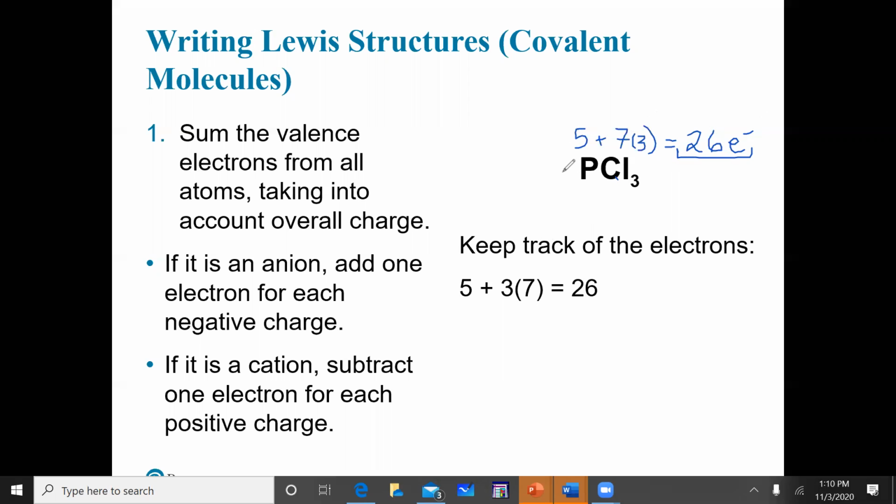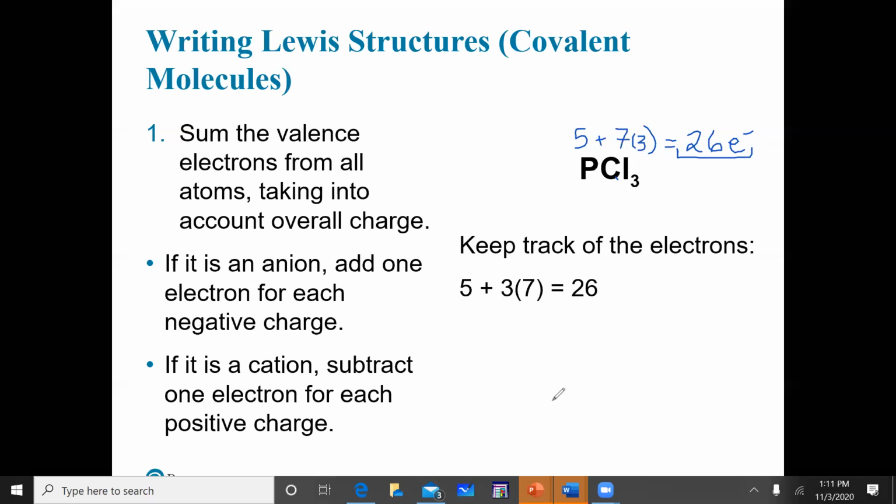So make a difference in your mind between what the atom is bringing to the table and what they want in the end. They usually all want to have 8 electrons. That's why they're sticking to each other. If you have an anion, you'll add 1 electron. If you have a cation, you'll subtract 1 electron, and I'll talk about that in a minute.